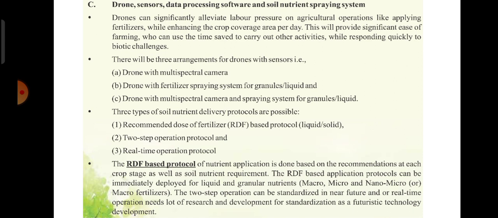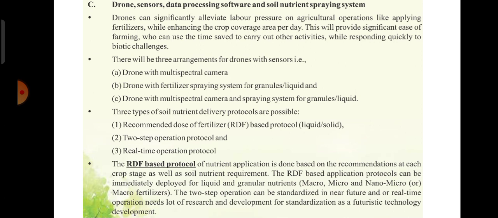There will be three arrangements for drone with sensors: drone with multispectral camera, drone with fertilizer spraying system for granules or liquid, and drones with multispectral camera and spraying system for granules or liquid.